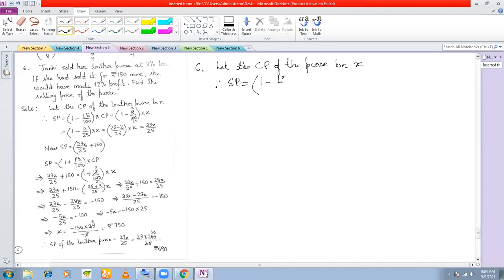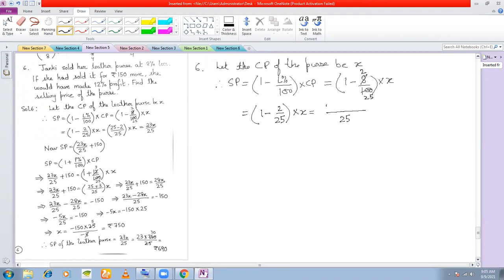It is (1 minus loss percent divided by 100) into CP, which is equal to (1 minus 8 divided by 100) into cost price, here X. So now you can cancel here, and you get (1 minus 2 by 25) times X.